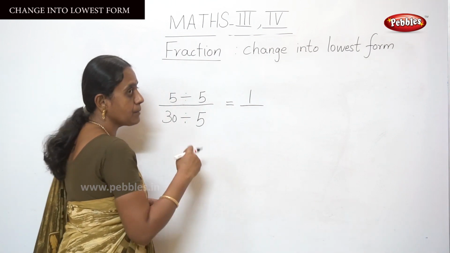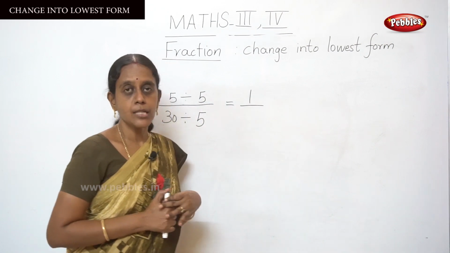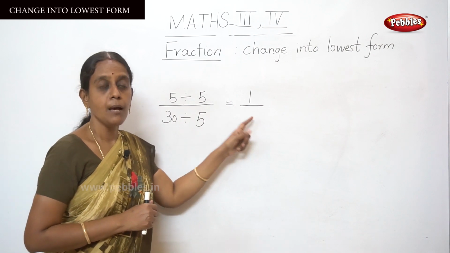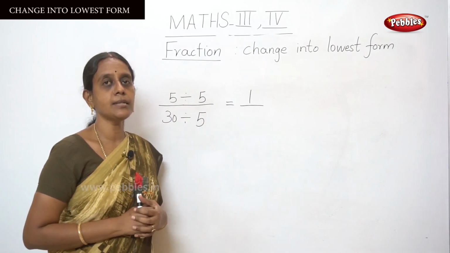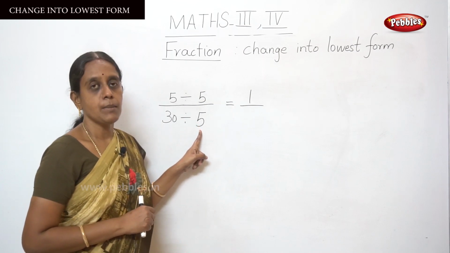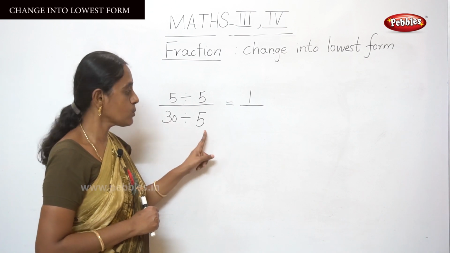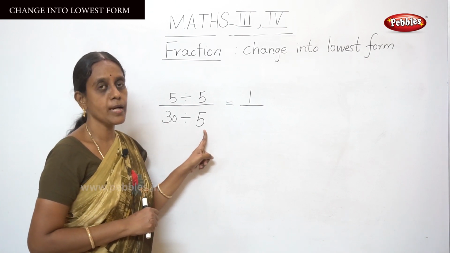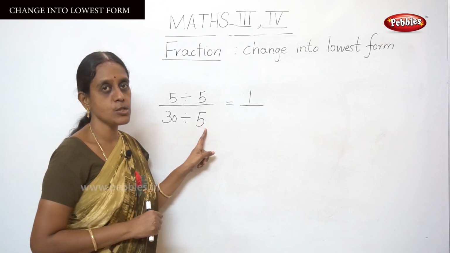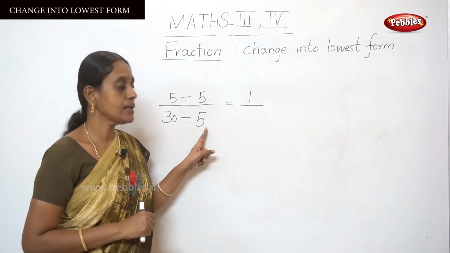Let me recap from our division topic: you find the quotient by saying the multiplication table. Say the 5 table until the number 30. 1 5 is 5, 2 5s are 10, 3 5s are 15, 4 5s are 20, 5 5s are 25, and 6 5s are 30.